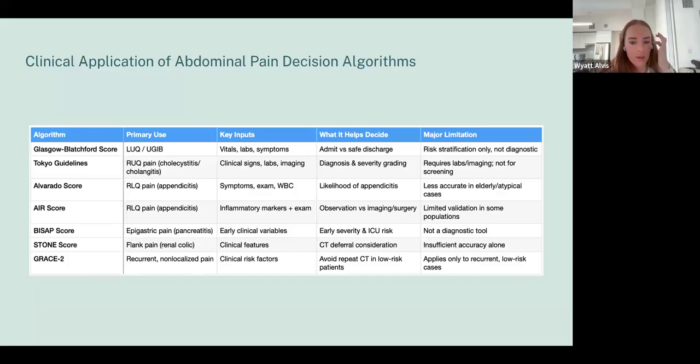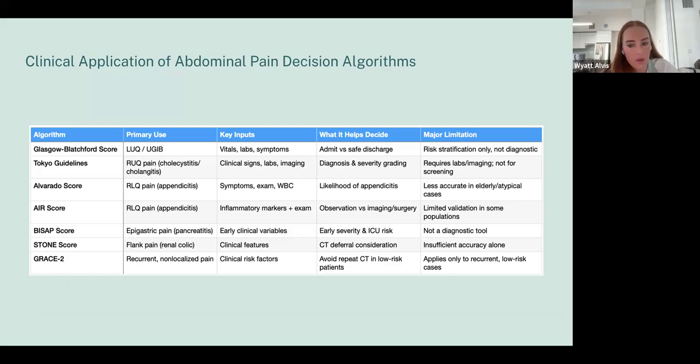Like we talked about with the Glasgow Blatchford score, it isn't diagnostic. It just helps us identify who can be safely discharged versus who needs admission. And in the Tokyo guidelines, we combine clinical findings and labs to diagnose acute cholecystitis or cholangitis and then grade its severity, which in turn directly guides our management of that specific patient.